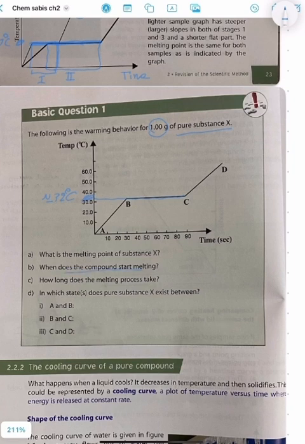When does the compound start to melt? Look, at point B. Okay, so point B, at 30 seconds, it starts to melt. How long does it take, the melting process? You started from B up until C. You have two numbers, subtract them. You will know how many seconds does it take.